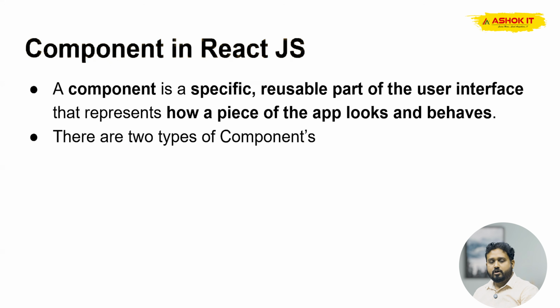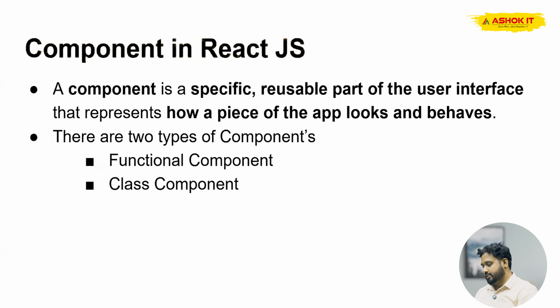Components are of two types. The first one is functional component, the second one is class component. Right now class components are outdated in the market. No one uses class components. The present and the future of React is completely functional components. So let's understand what a functional component is.